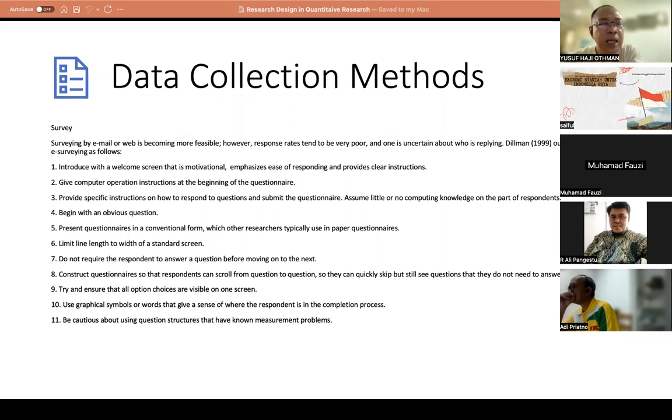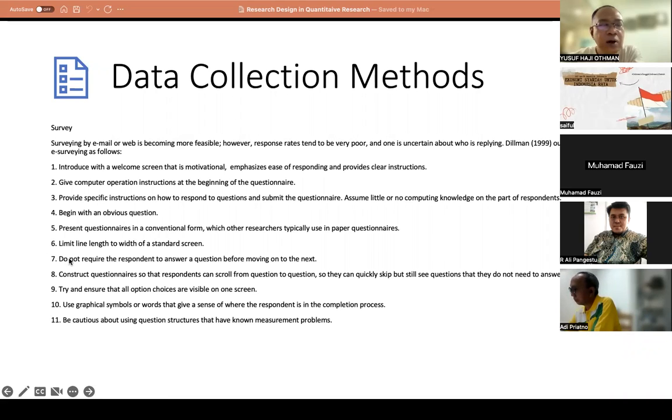Limit line length to the width of a standard screen so that the respondents can see very clearly. Do not require the respondent to answer a question before moving on to the next. Construct questionnaires so that respondents can scroll from question to question. This can be done in the Google Form.